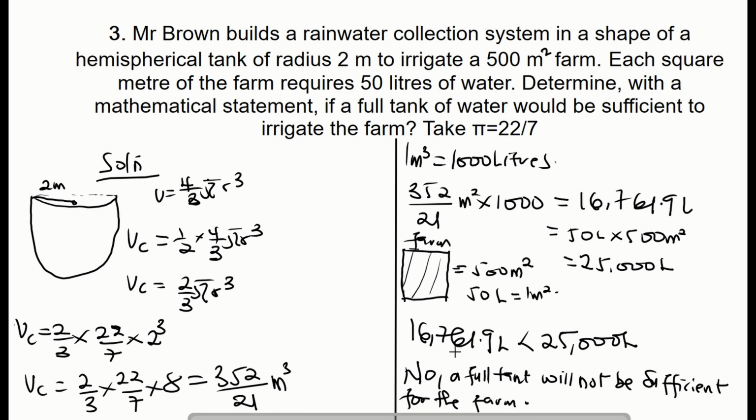Since we have now realized that the amount of liters of water that our container can hold is less than the total amount of liters that our farm is in need of to be sufficient for the irrigation of our crops. Thank you.